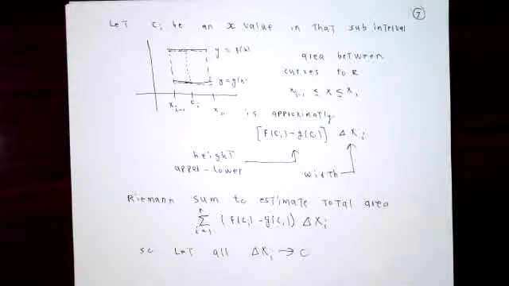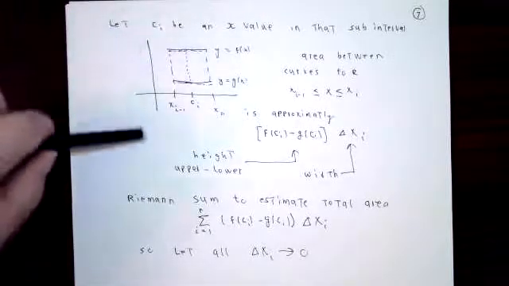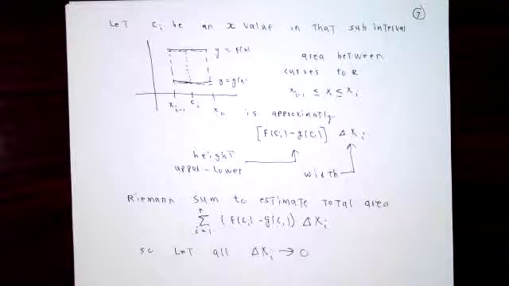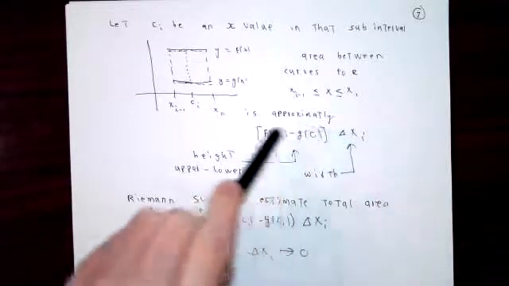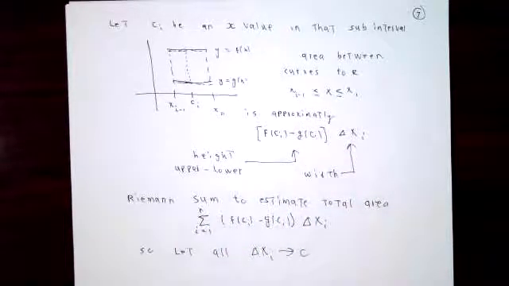And the vertical height, we'll get that by thinking of the y-axis as a number line. It's the bigger y number minus the smaller y number. That would be f at c_i minus g at c_i. This quantity is approximately equal to the area between the two curves just on subinterval number i.